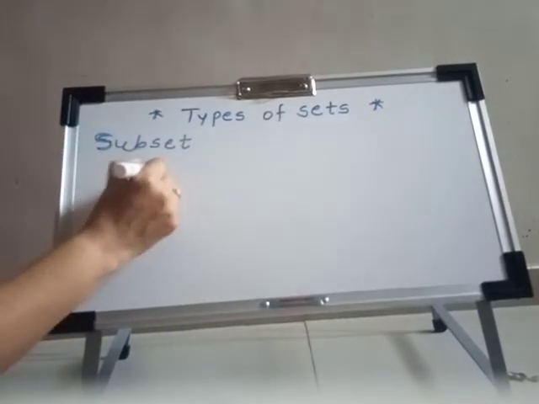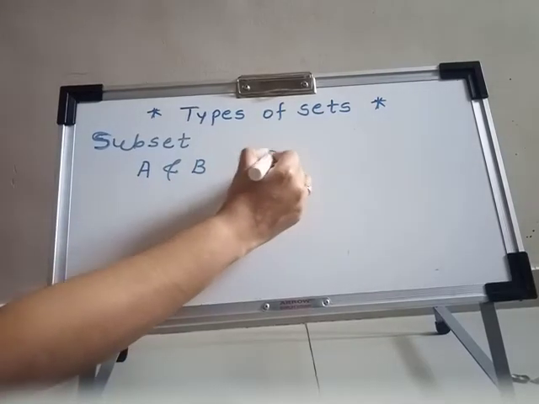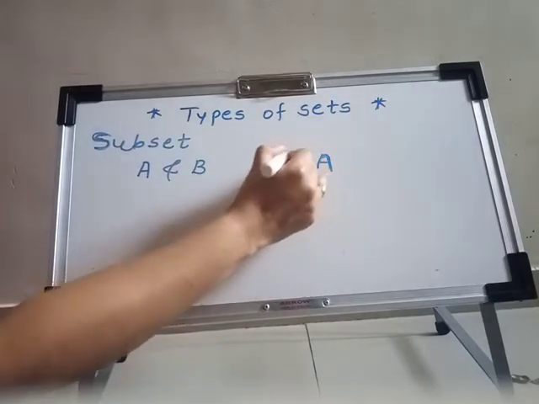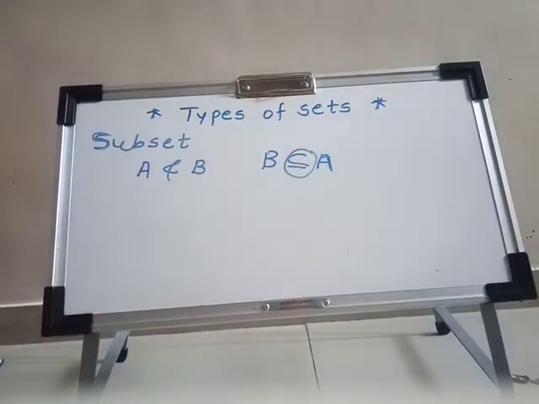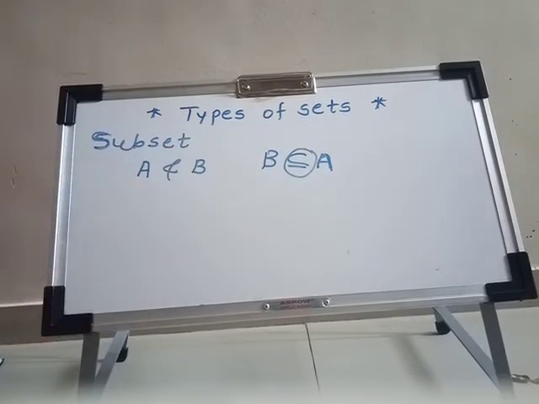When A and B are two sets, and every element of set B is also an element of set A, it's called a subset. It means all the elements of B are present in set A. B is a subset of A. This sign denotes subset.